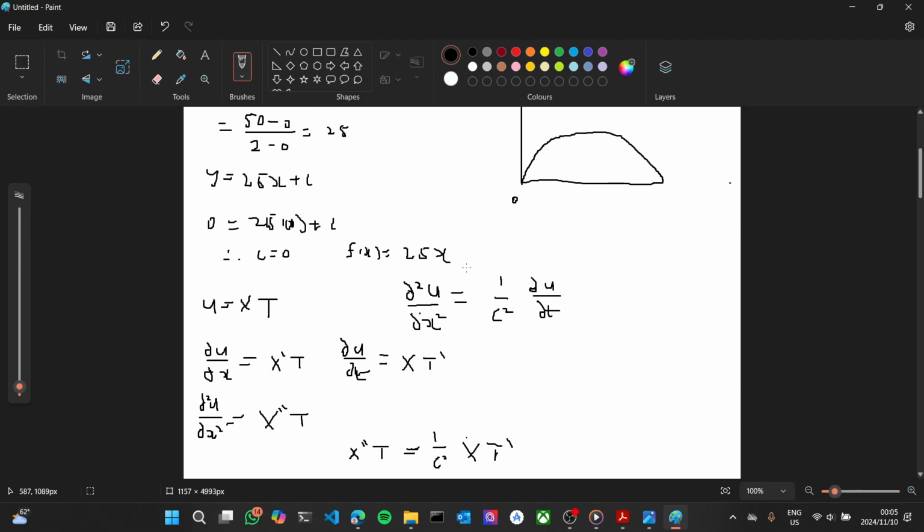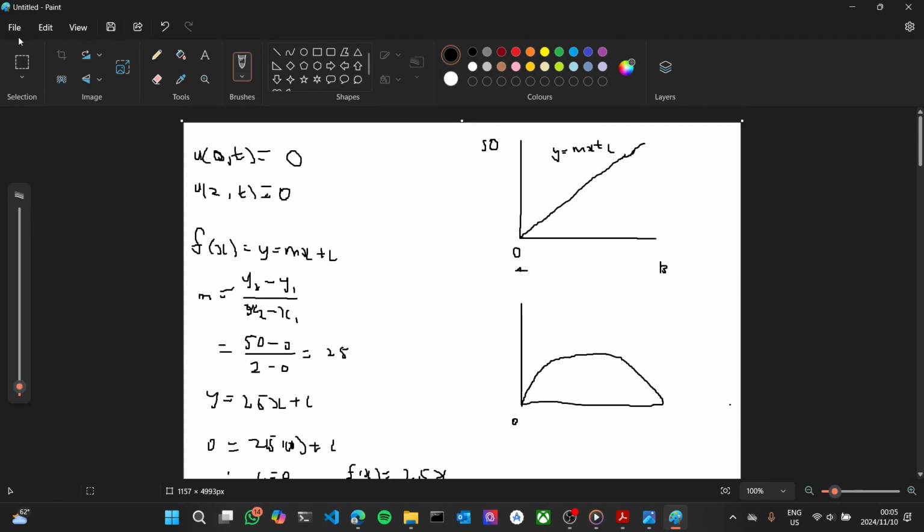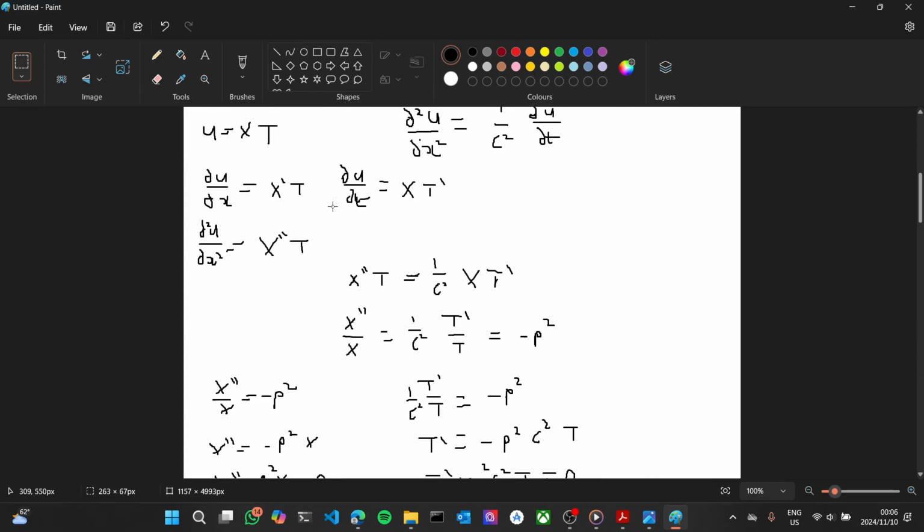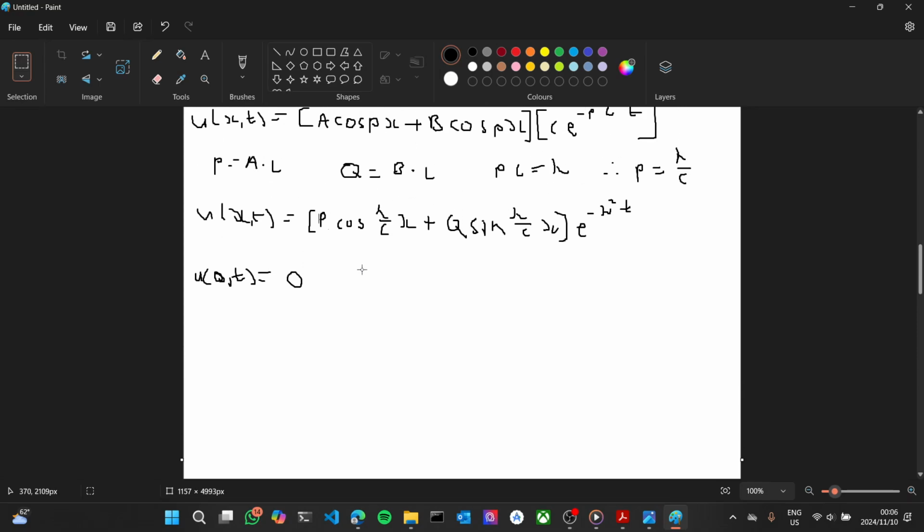Alright, so now we're going to start refining our equation using the boundary and initial conditions that we've got up here. And the very first one we're going to use is this one here, u of x of t, where x is equal to 0. Okay, and so 0 then equals p cosine.